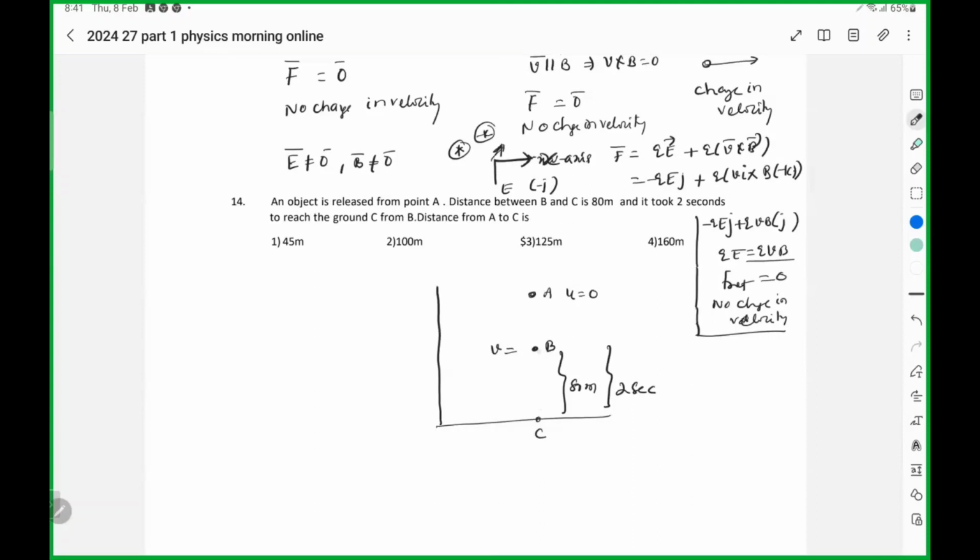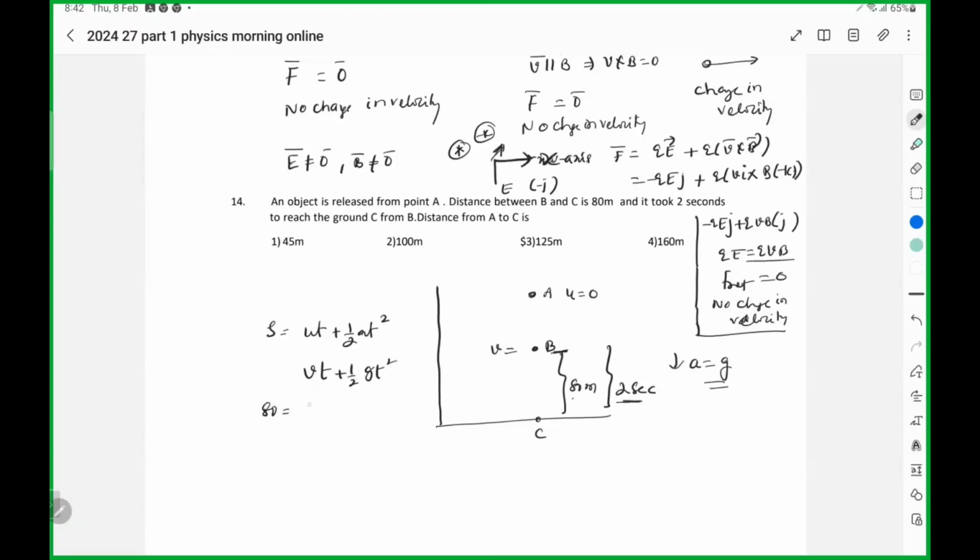So now it covered 80 meters in 2 seconds. S equals ut plus half at square. It is moving under the influence of gravity. At this point the velocity we don't know, let me write Vt, plus half acceleration, g t square.